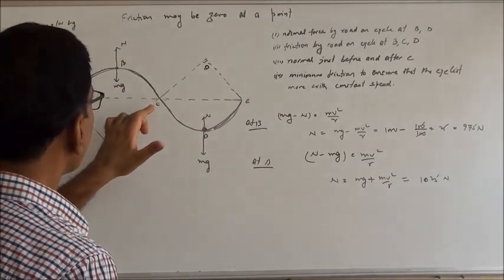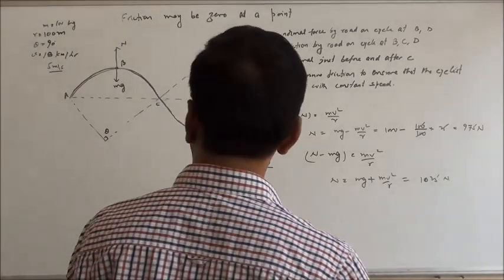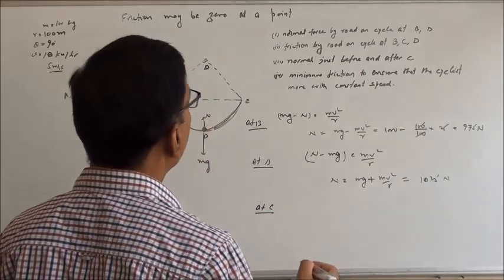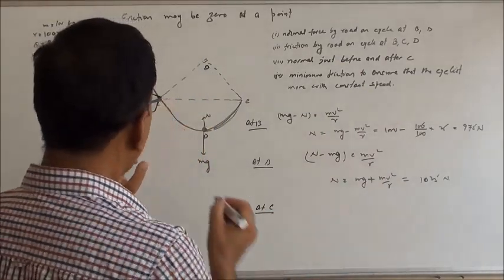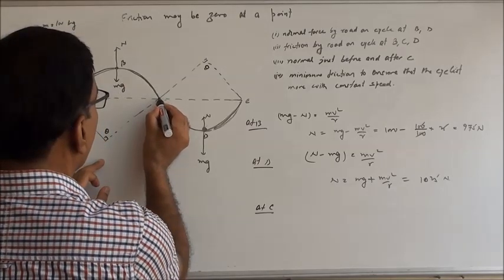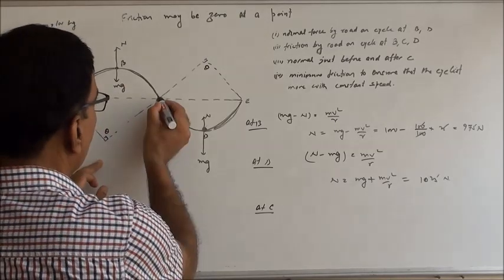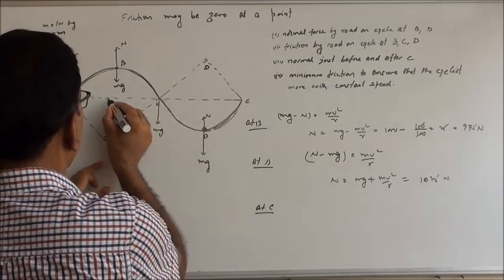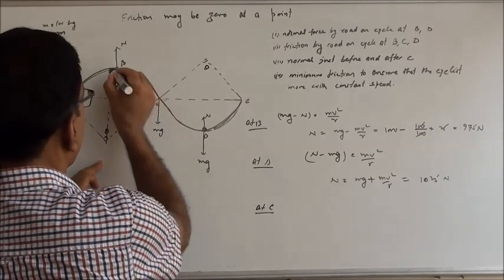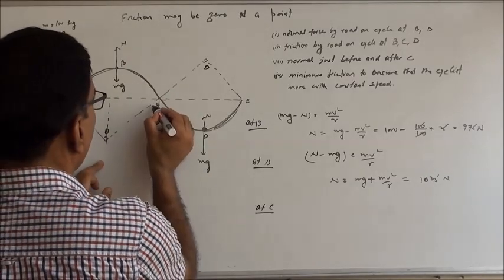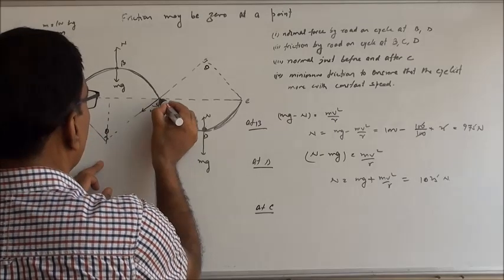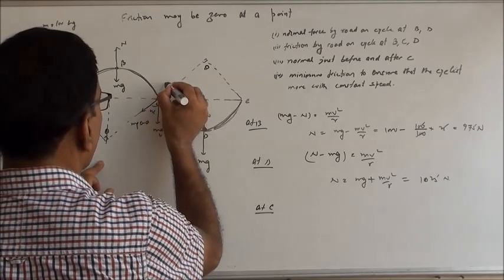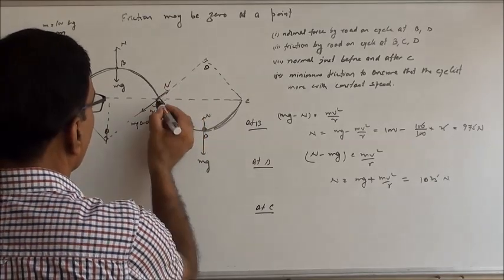At these points also, what is the normal reaction at, say, C? Again, mg is down, and this is half this side, so this will be 45 degrees. So this will be mg cos theta, this will be mg sin theta, and the normal reaction will be like this. I'm taking just before C actually.